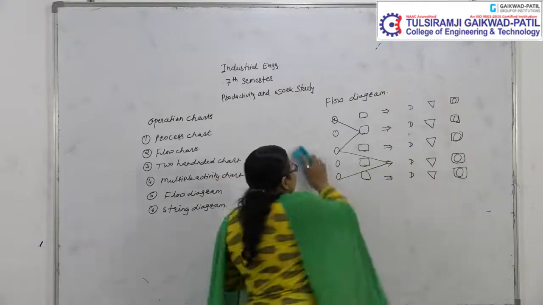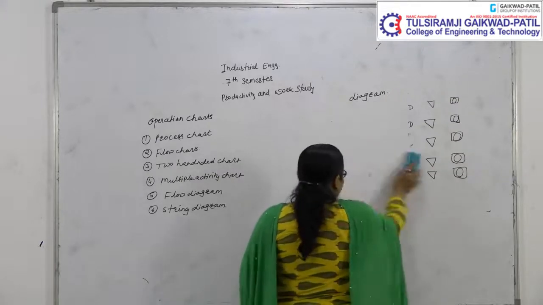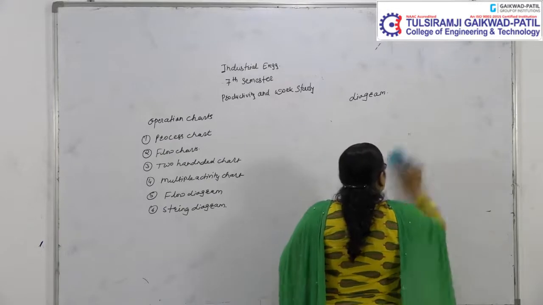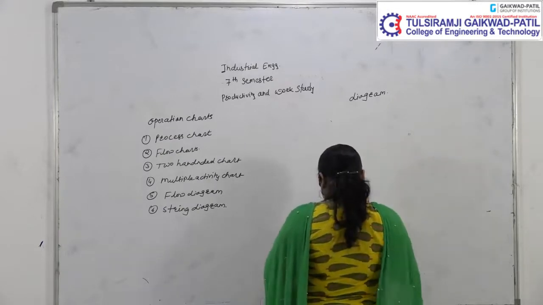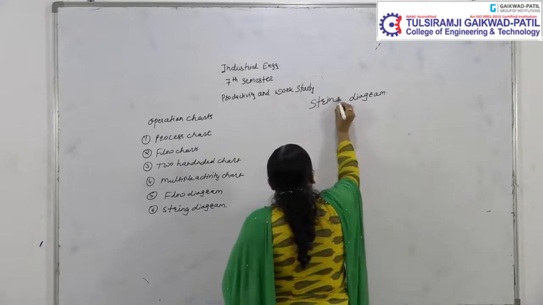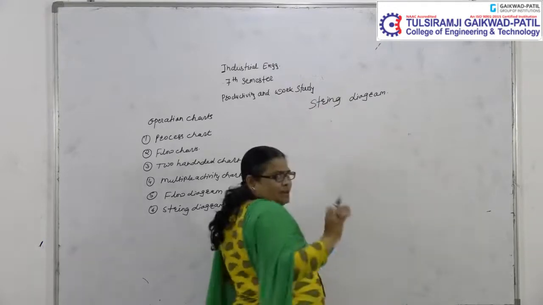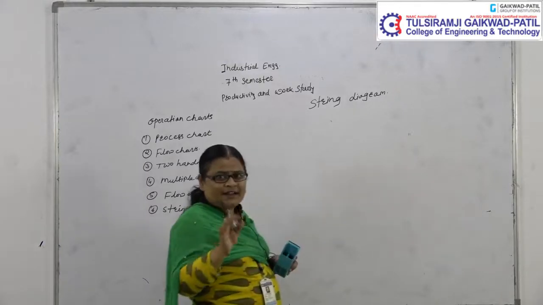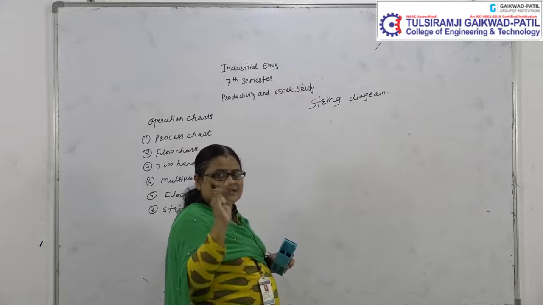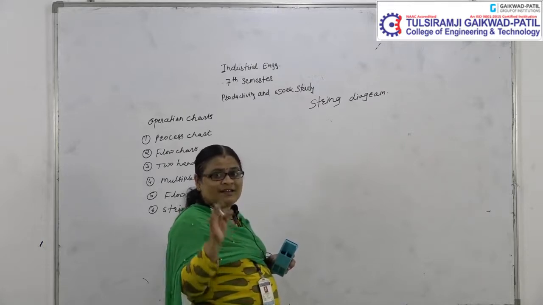After that there is a string diagram. A thread can be used to calculate the distance or to process the position. It is called a string diagram.